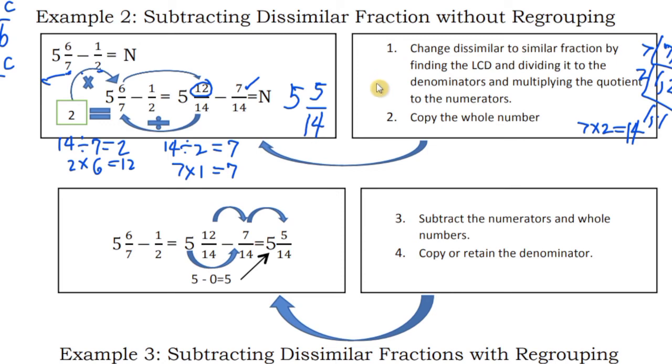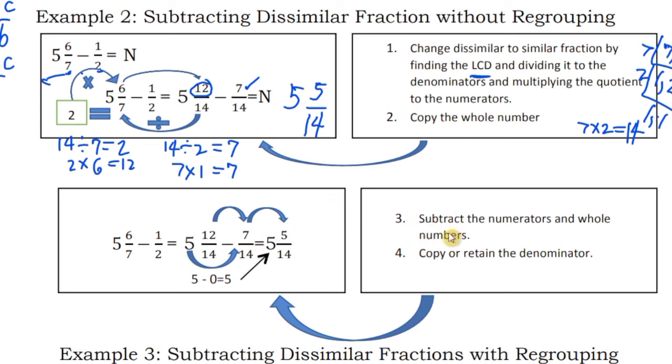So let's recap first the procedure of what we have done. The first thing is to change the fractions to similar fractions by looking for the LCD, then dividing the denominators and multiplying the quotient to the numerator, as we have done here. Then copy the whole number.